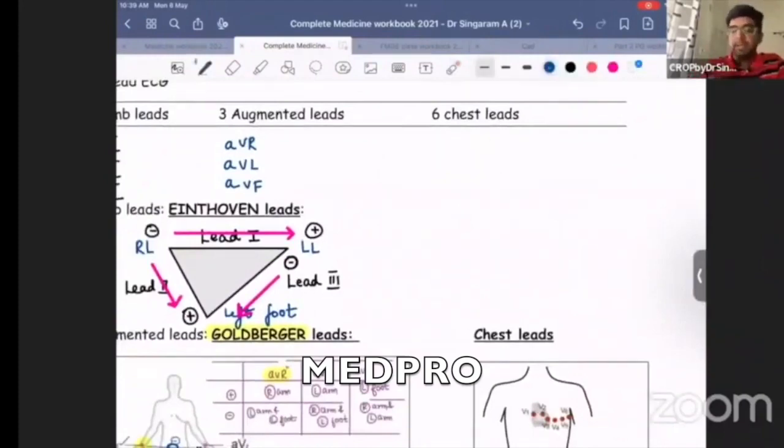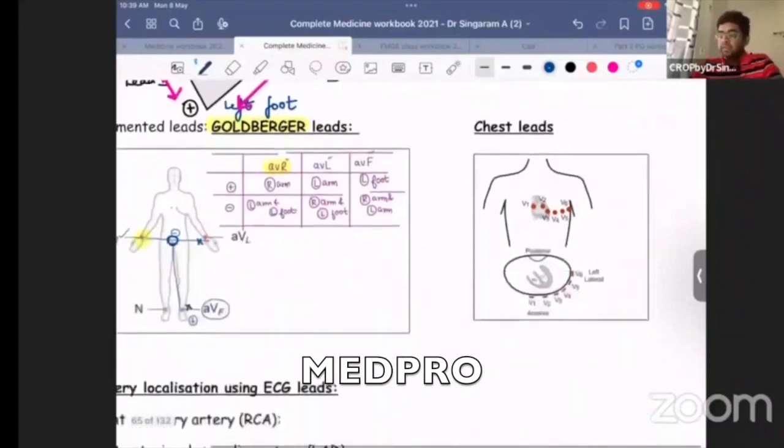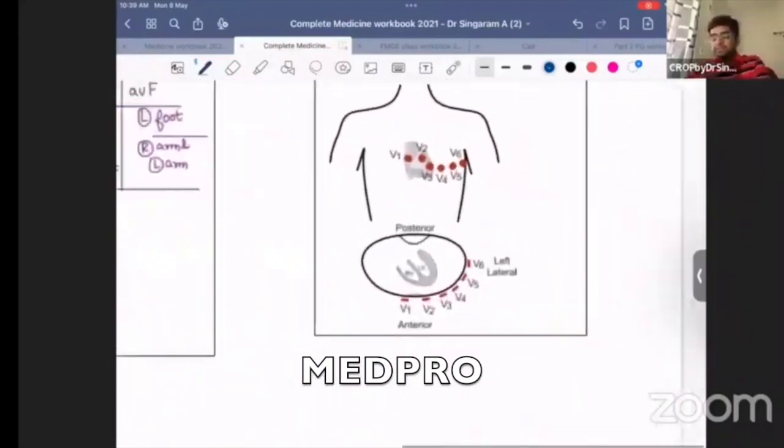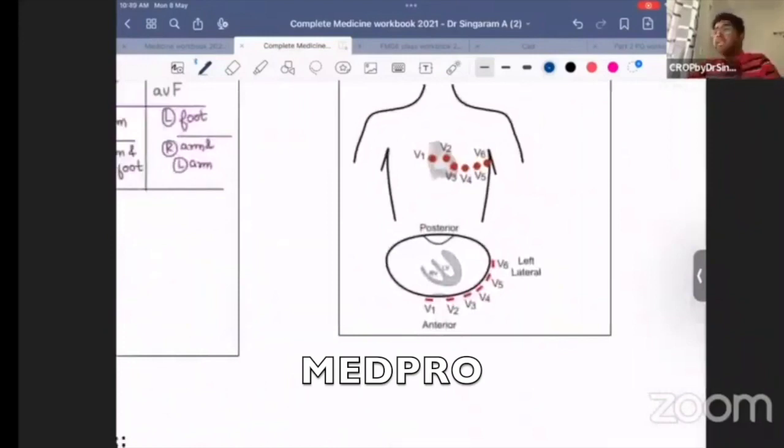Chest leads will be remembered like this: V1 to V6. I think all of you can recollect from this picture how the chest leads would look. V1, V2, and V6 laterally. So from medial to lateral, you are going like this. Every chest lead looks at the heart in different areas.